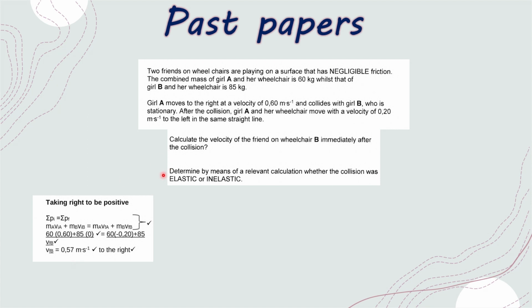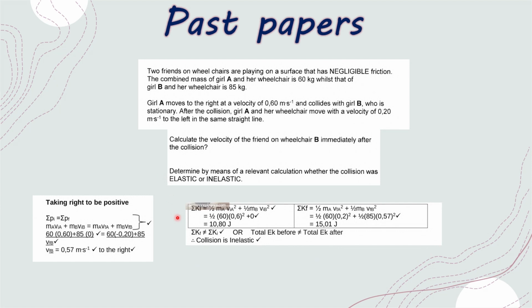The next question, determine by means of a relevant calculation whether the collision was elastic or inelastic. The first thing you do always is your kinetic energy. You do it on this side and you do it on this side. So you make two sides to this answer.